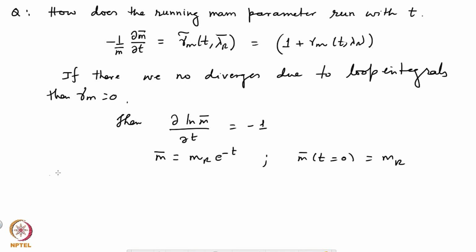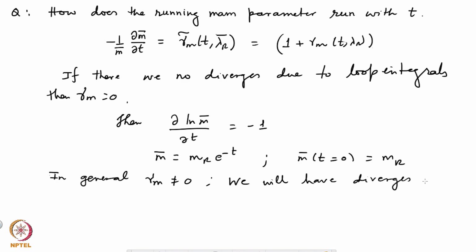Now in general, γ_m would not be equal to 0, because we will have ultraviolet divergences in the loop integrals in general.